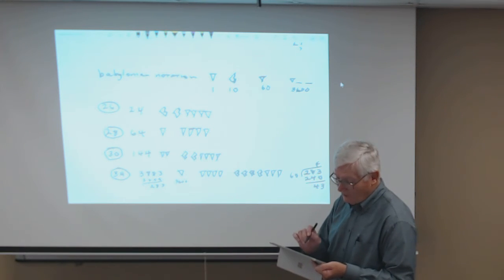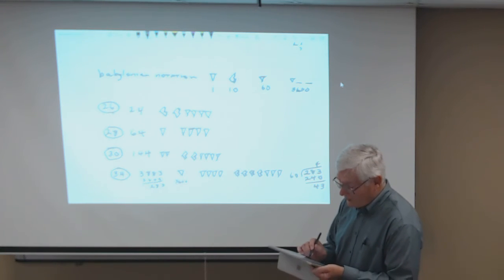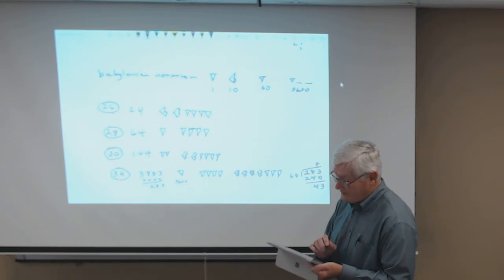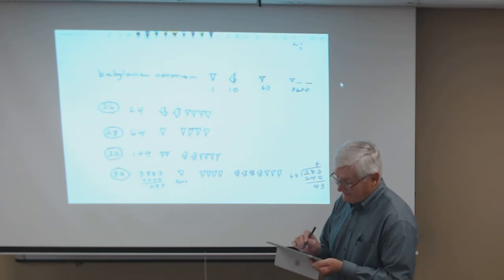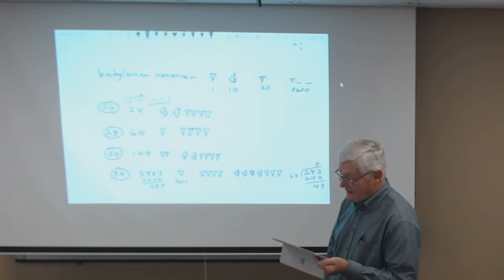So let's do problem 26. Let's do 24 in Babylonian notation. So we have 2 10s to make the 20, and then 4 1s. Everybody follow that? And how do you make 10? What does that look like?